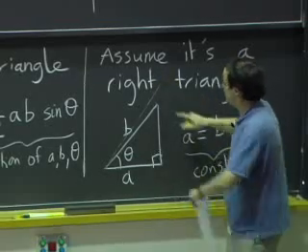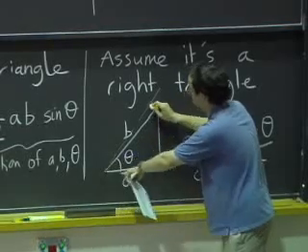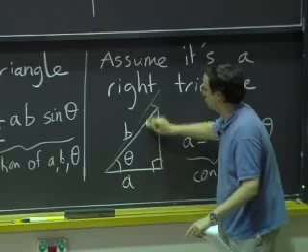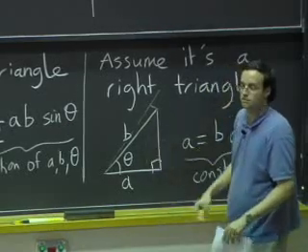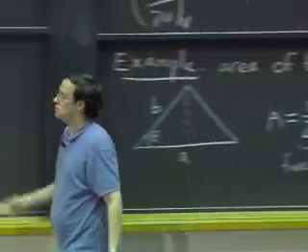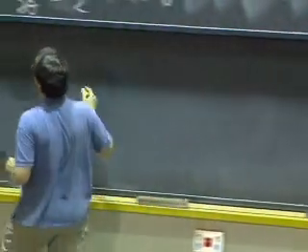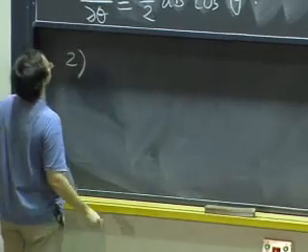The other option is I change the angle, keeping B constant. Then this side stays the same length, but A has to become a bit shorter. And the area will change in different ways depending on what I do. That's why I said we have 3 different answers.